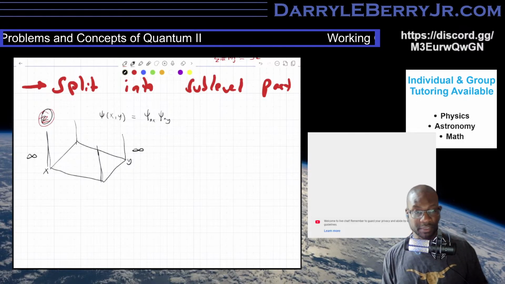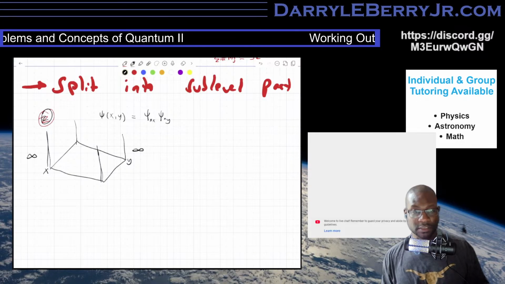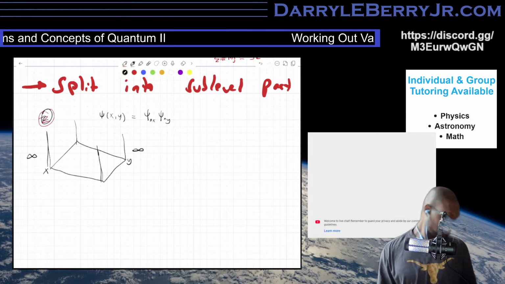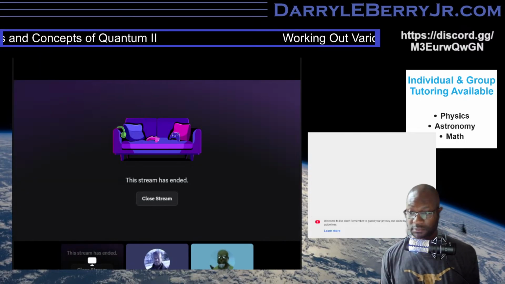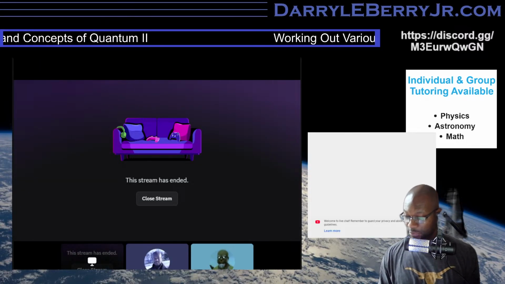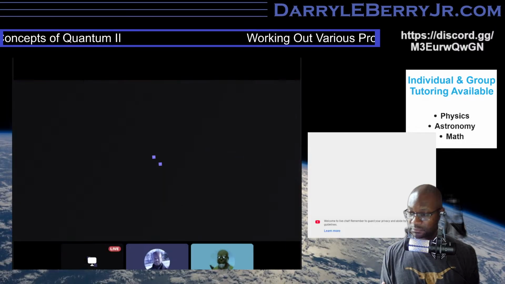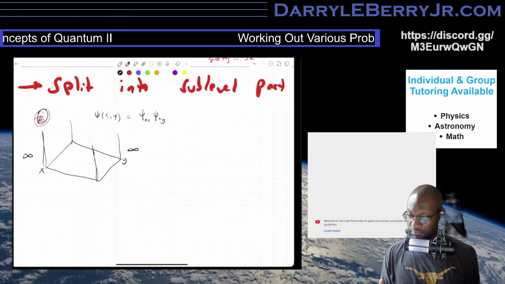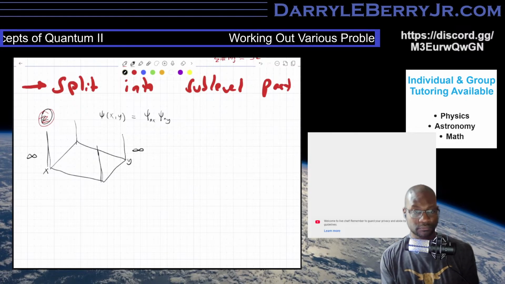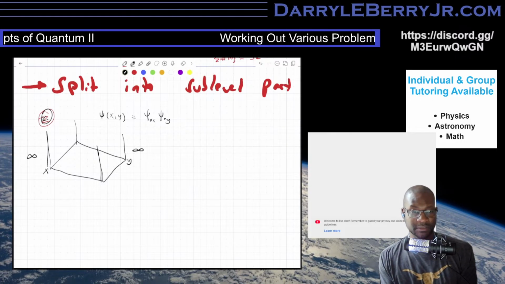All right. And we can say that there's a potential perturbation. Consider the first excited states, which in the absence of the perturbation is degenerate.